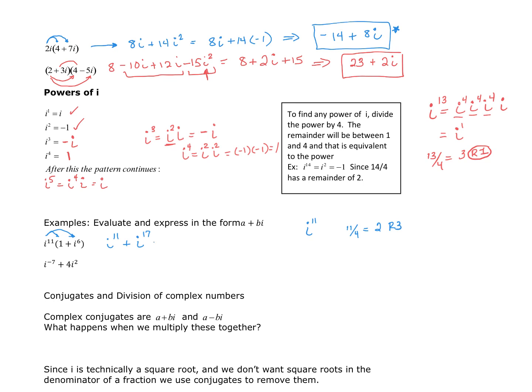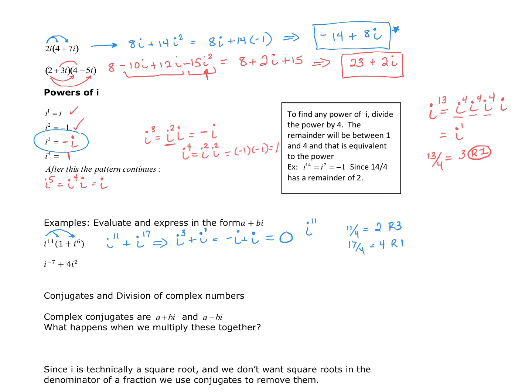So i to the 11th is like i cubed. 17 divided by 4 is 4. That gives you 16 with a remainder of 1. So we just get i to the first. And then we look up here and we say, well, i cubed is negative i plus i, in this case, 0.